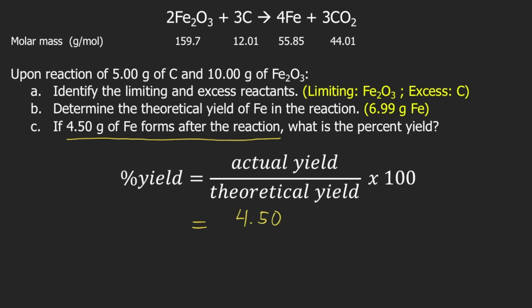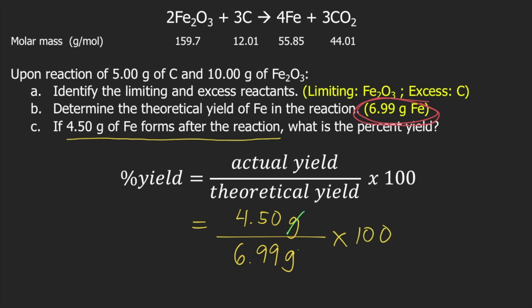4.50 grams divided by the theoretical yield we got from the previous video, which was 6.99 grams of Fe, and then times 100.